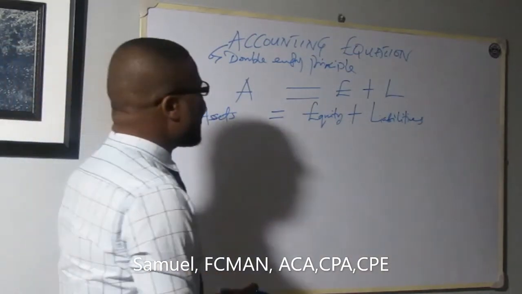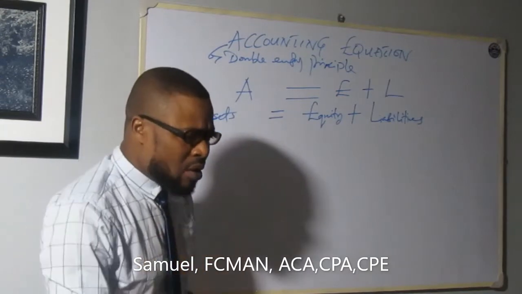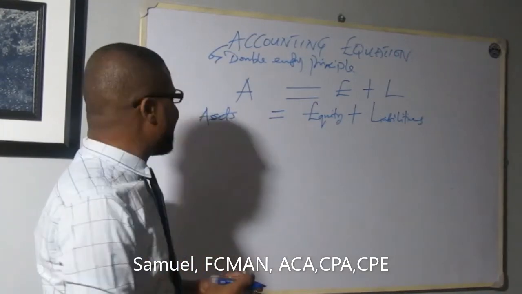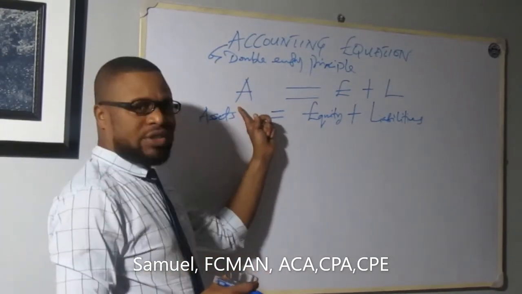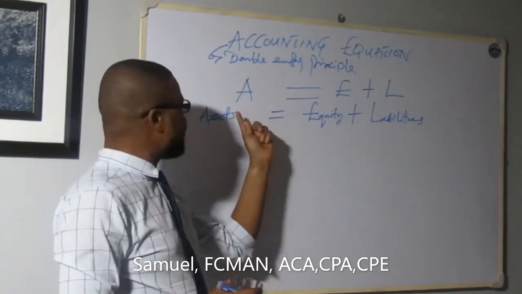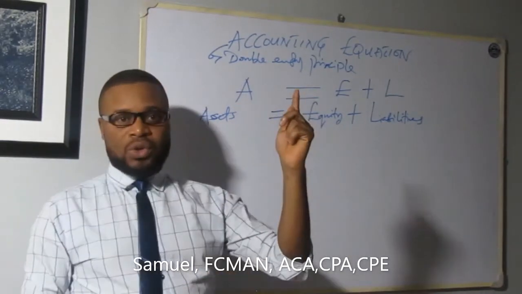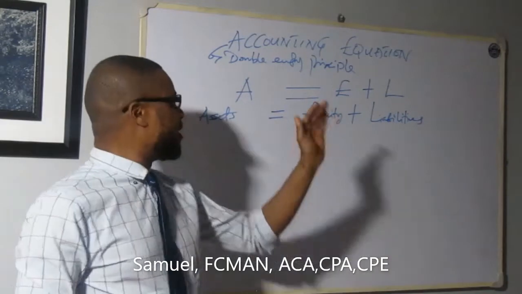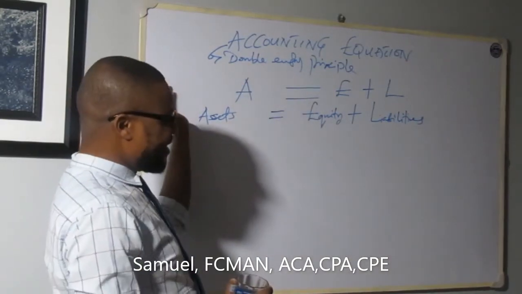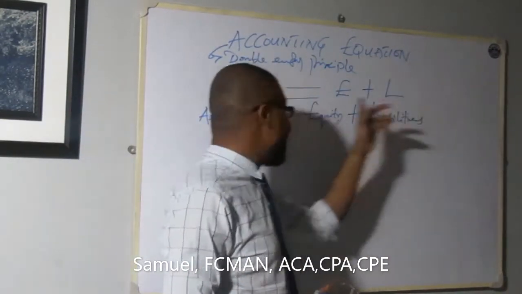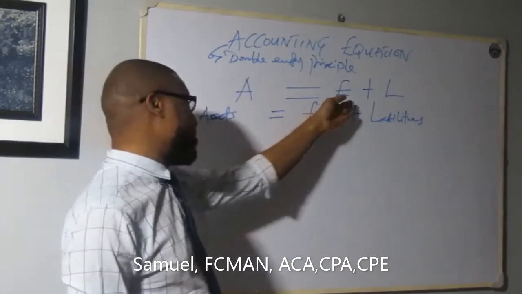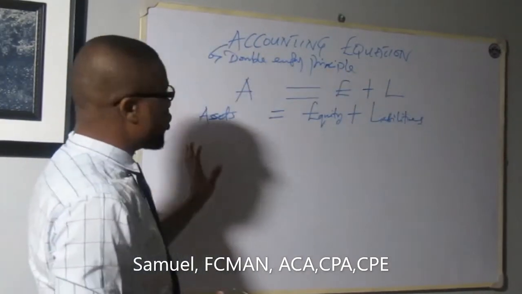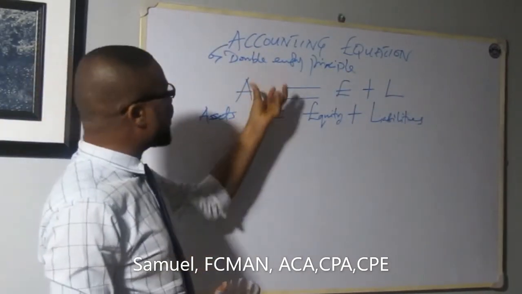So accounting, by its basis, is looking at two aspects always. There is a side and there is another side. This is the debit side and this is the credit side. So from the double entry principle, we have created double sides.